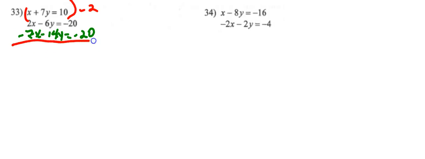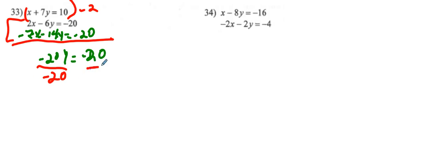Then we just add straight down. We're just combining these two. Negative 2x minus 2x, the x's went away, so I eliminated the x's. That was our goal. What we're left with is negative 20y equals negative 20. Divide by negative 20. And we have y equals 1. Negative divided by negative gives us positive. We're not finished because we still need the x.